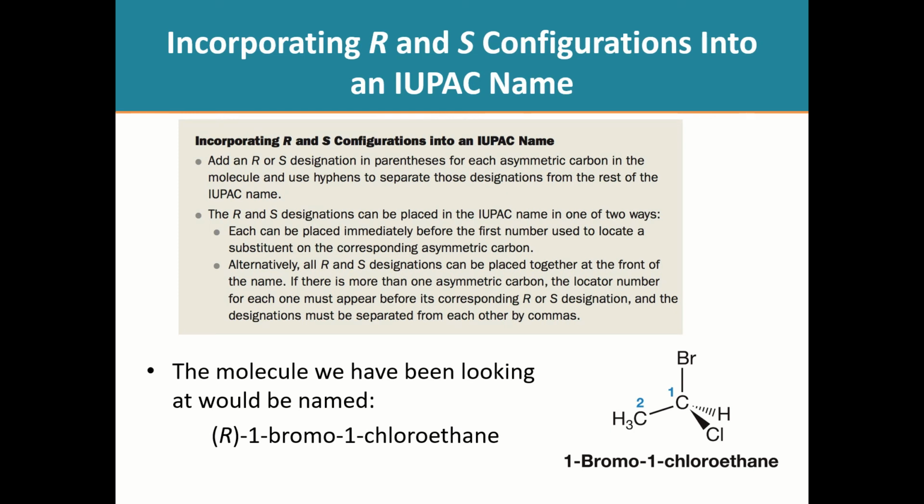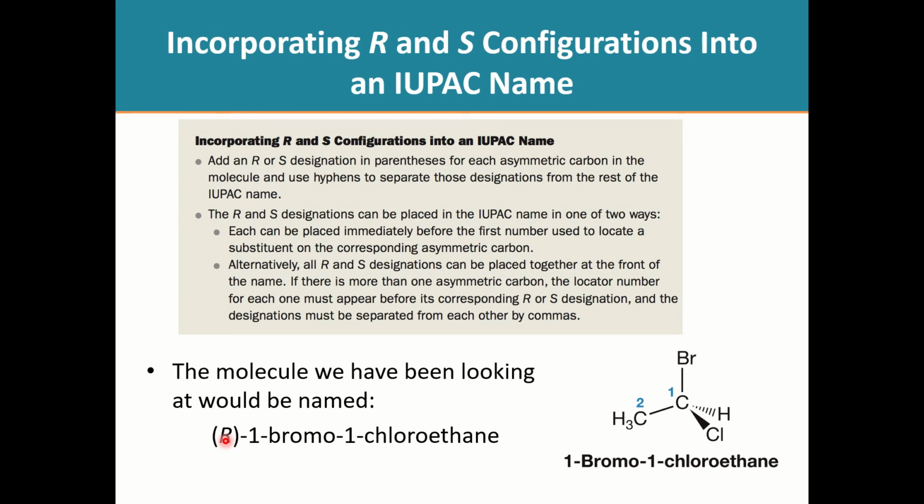Now, when you name a molecule and you know that you have a stereocenter, you need to identify in the name if it's an R or an S. So if we see this molecule here, we see that there's one stereocenter, and we know that the stereocenter is an R. And so you just stick the R at the beginning of the name.